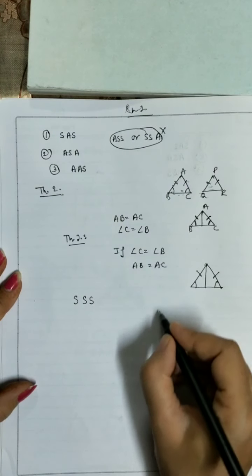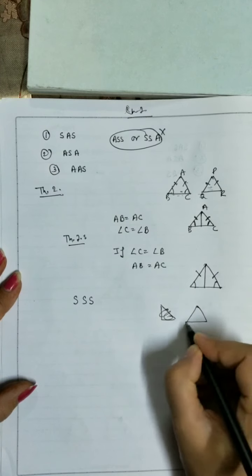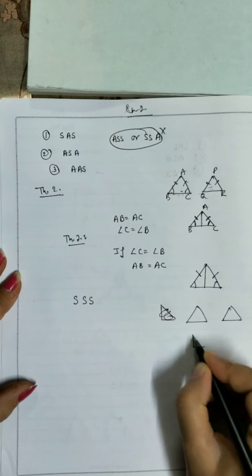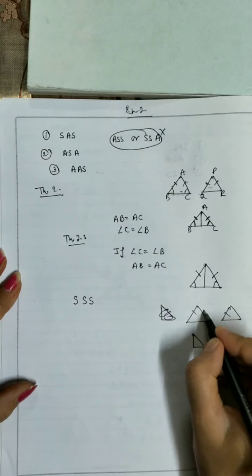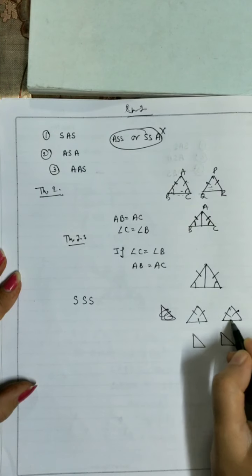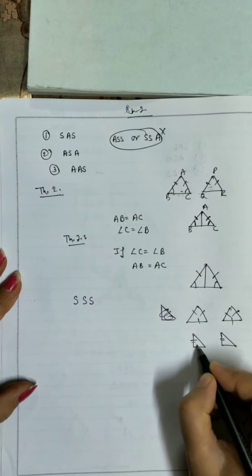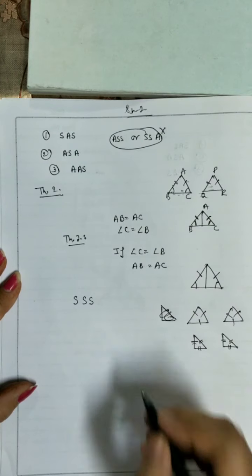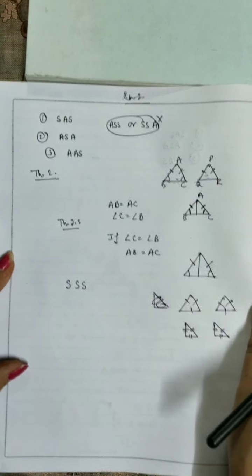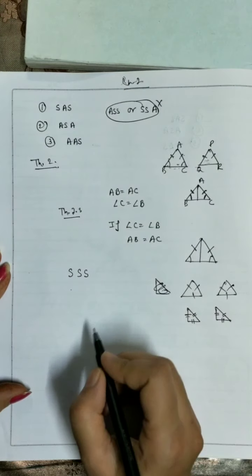Any figure we take, this side is equal to this side, this side equal to this side, and this side equal to this side. All three sides are equal, so we can say congruency by the triple S rule.